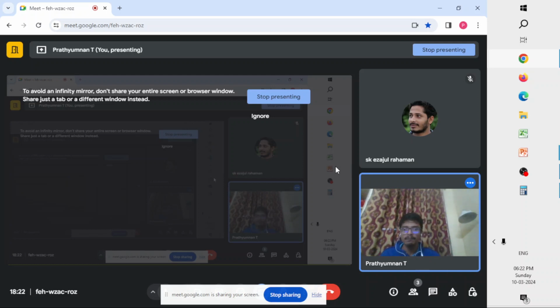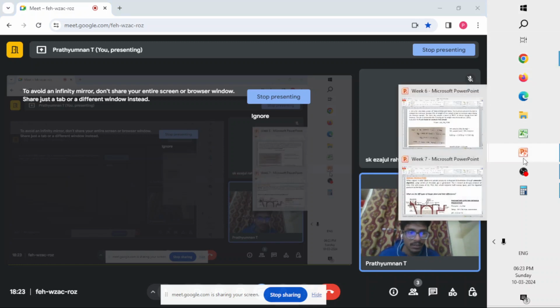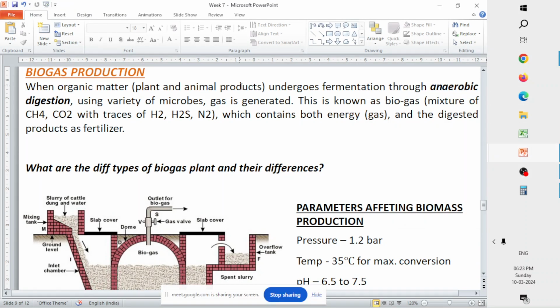So let's move on and understand where this biogas is actually produced. It is produced in a biogas plant, obviously. These biogas plants are of two different types in terms of operation and construction.